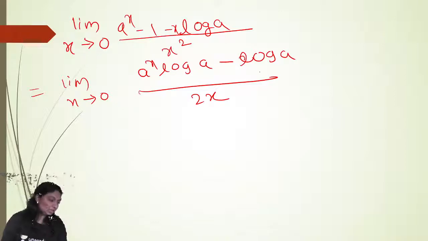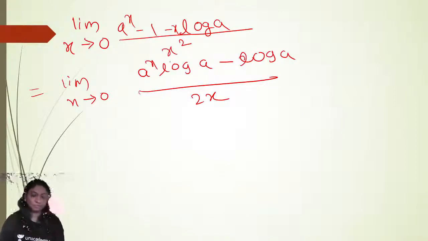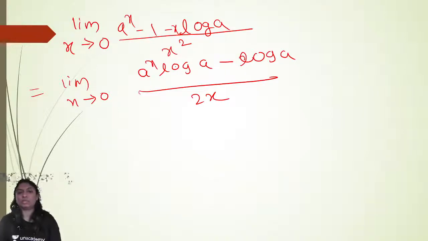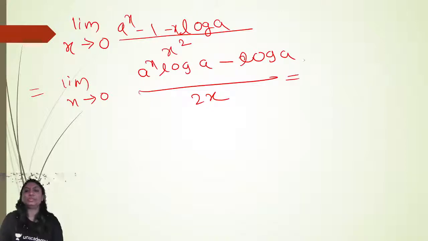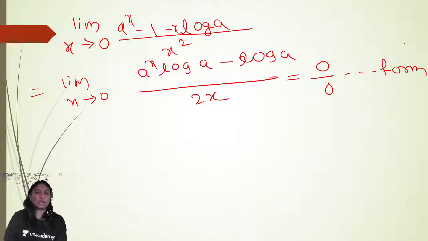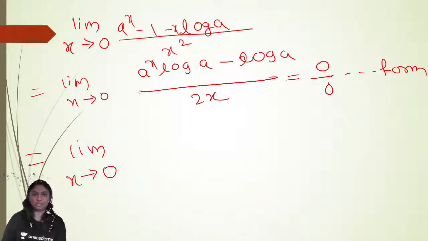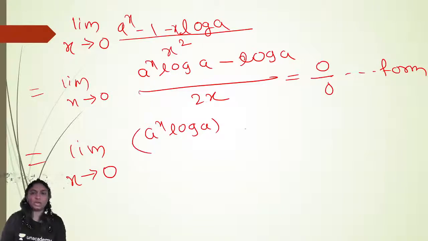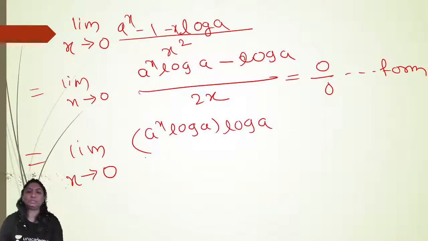Now put x is equal to 0. So you will get a raised to 0, which is 1, so 1 into log a. Log a minus log a, 0 upon 0 form. Again, use L'Hospital rule: limit as x tends to 0, f dash of x, a raised to x into log a into log a, upon 2, since this is constant.